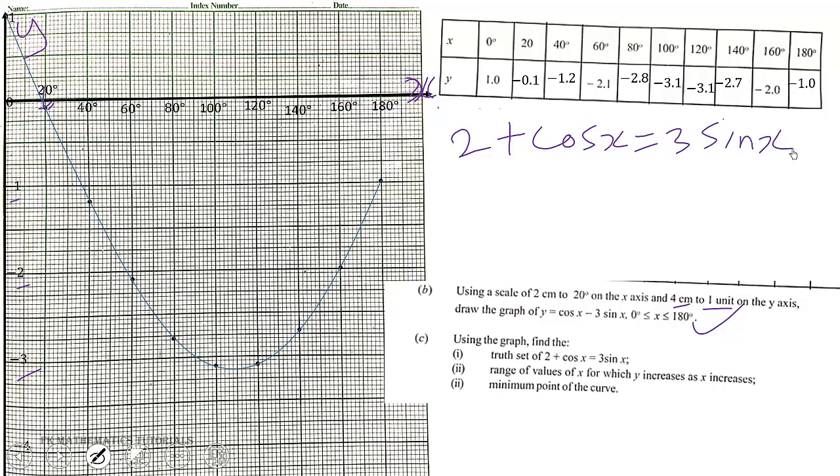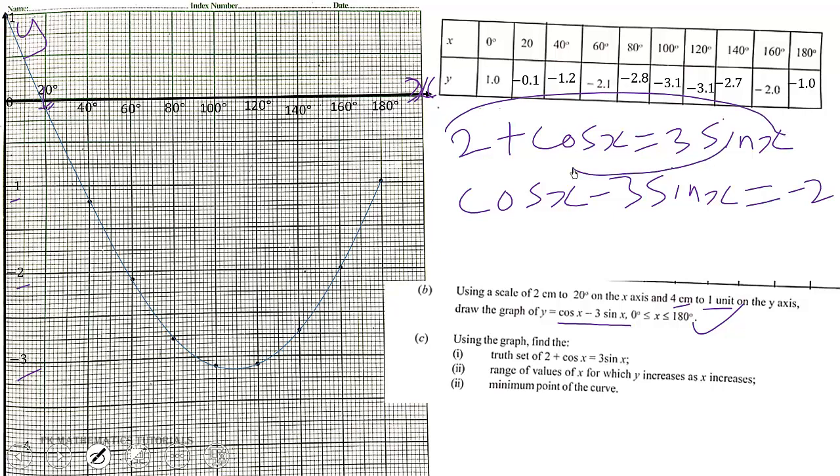Just rewrite this to look like this: cos x minus 3 sine x will be equal to negative 2. So this goes here and this comes here to become negative. If that is the case, you can see that this is y equals negative 2.